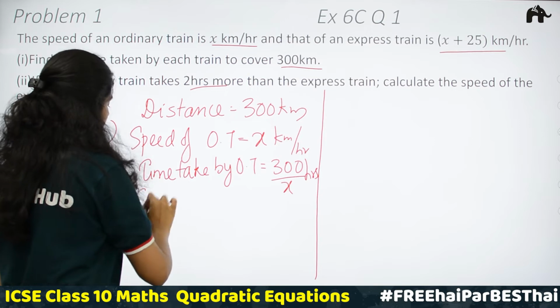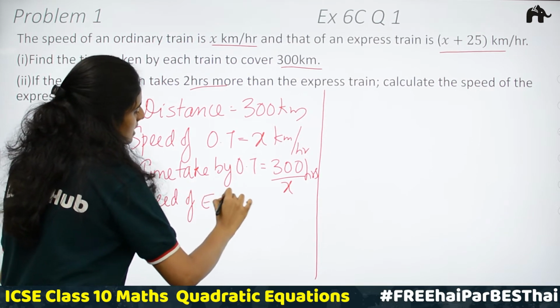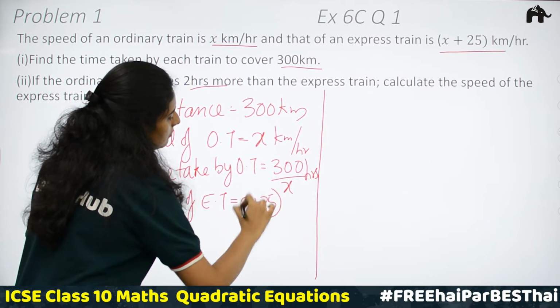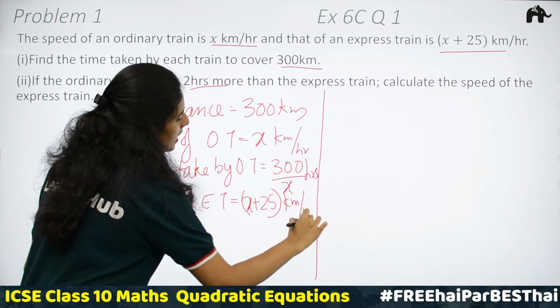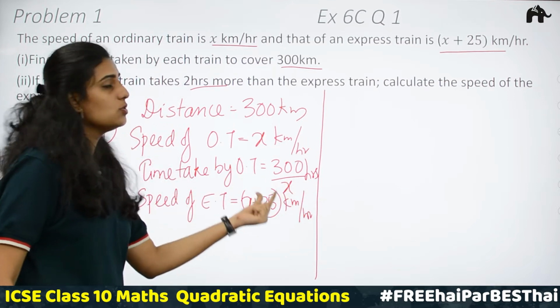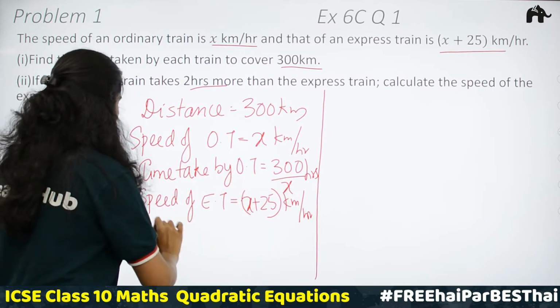Now, given that the speed of express train is equal to x plus 25 km per hour. If the speed of express train is x plus 25 km per hour, we can find the time taken by express train.